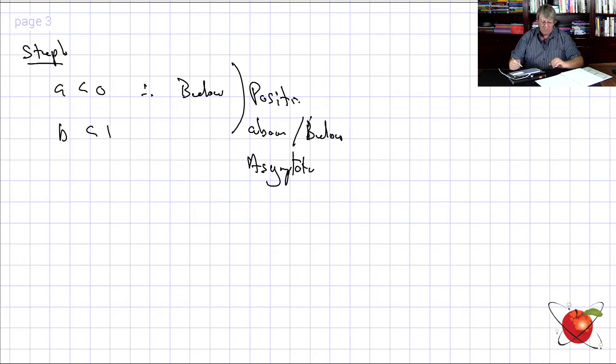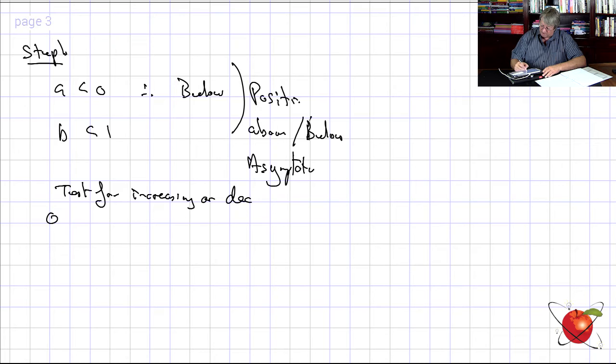All right, so we've now got our situation. We can say, okay, we know it's below the asymptote based upon the set of filters. The next we say 0, we're now going to test for increasing or decreasing functions.